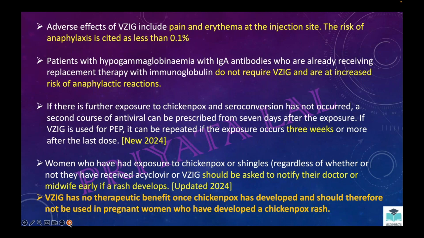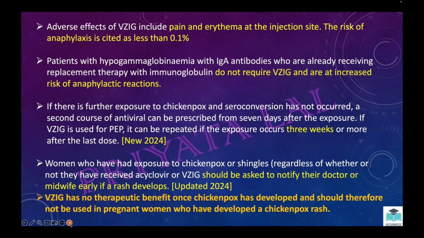Another thing that you should remember: once the patient has developed chickenpox, giving varicella zoster immunoglobulins will make no sense. Many times I have seen people making this mistake. In the choices, they will give varicella zoster immunoglobulin if the patient developed chickenpox.